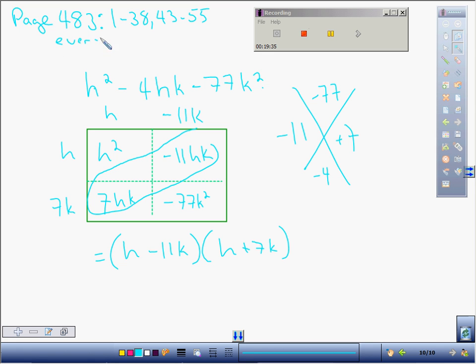So that means you do 1, then you do 4, then you do 7, then you do 10, until you get to 38, okay? And then you start with 43, 46, 49, etc. So, see how many of those you can do.